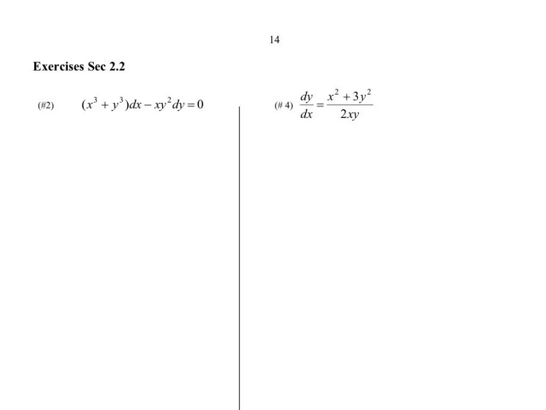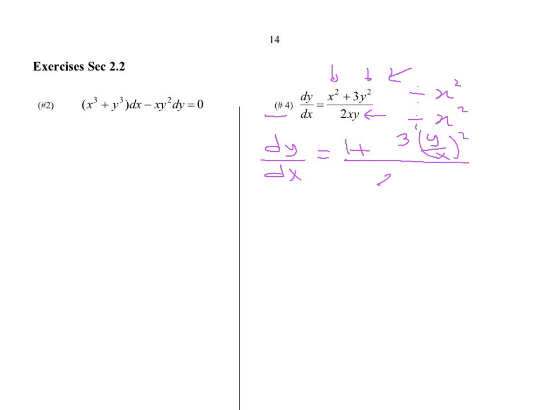One more exercise is exercise 4. You see, this is already dy/dx equal to, so rearrange. All the terms are of degree 2, so it's homogeneous. We are going to divide by x squared only, numerator and denominator. So we are going to have 1 plus 3y squared over x squared, divided by 2y over x.